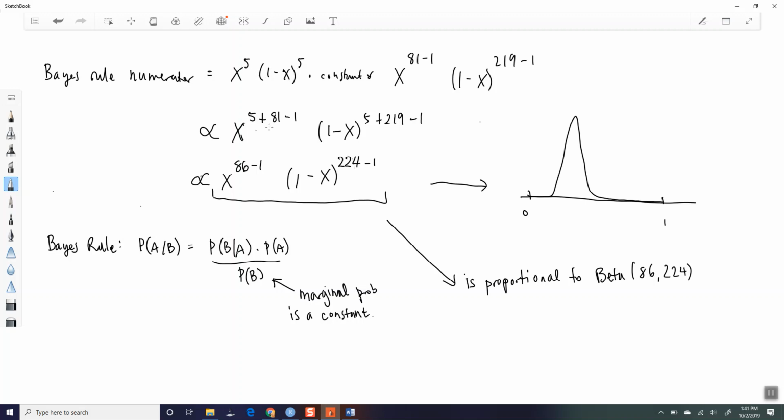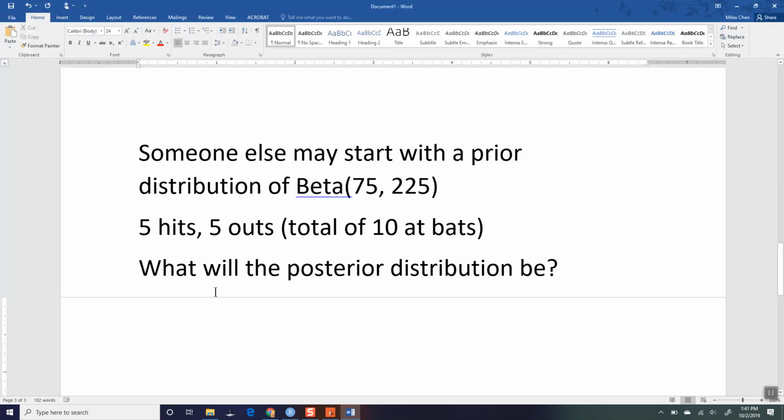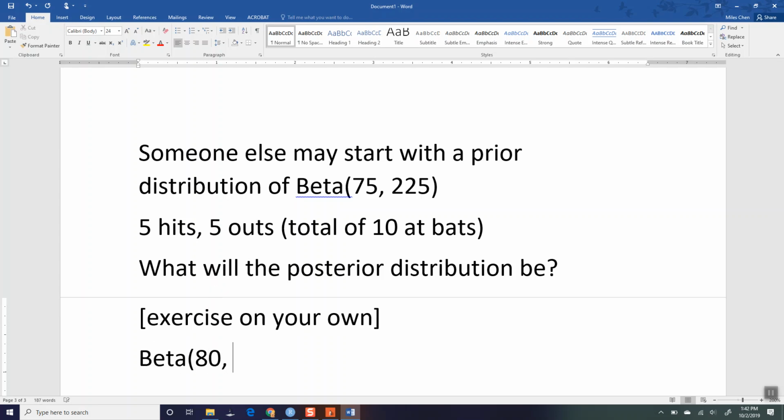When we combine those, we're adding 5 to those shape parameters. So what will the posterior distribution be? This will be an exercise on your own. Exactly, we're going to have beta with shape parameters 80 and 230. You guys can try that out.